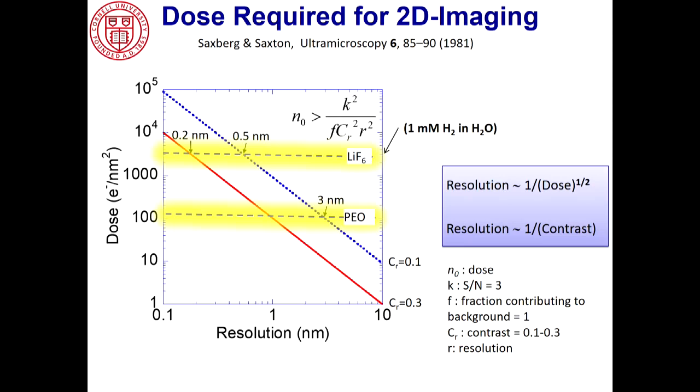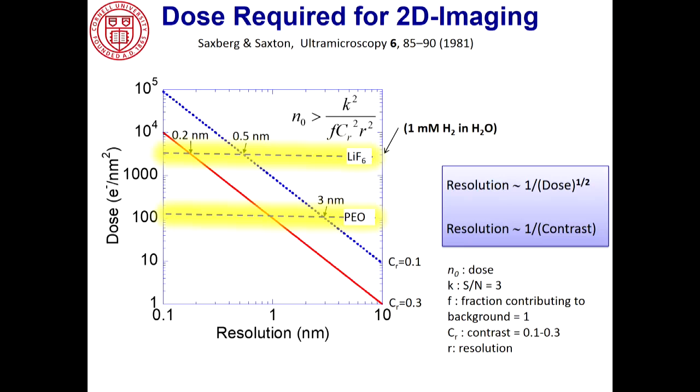So over here, a typical polymer, I'm stuck at about 3 nanometer resolution in poor contrast and about a nanometer if I have good contrast. And that number I get to squeeze a little bit by playing with the contrast and the collection efficiency. And that one scales linearly, which is a pretty big deal.